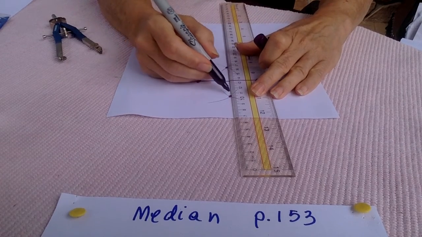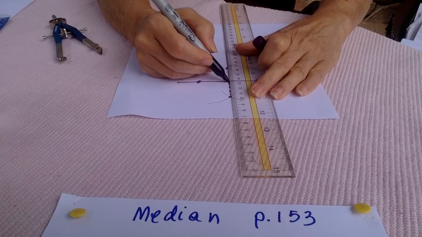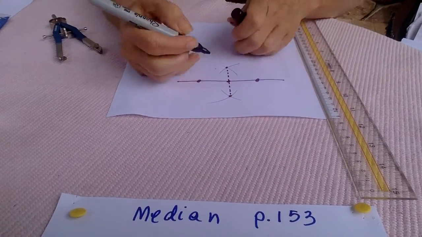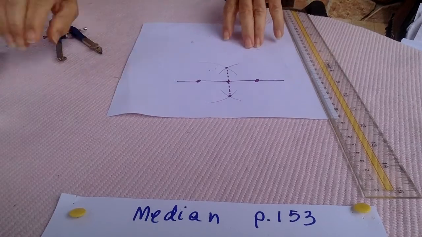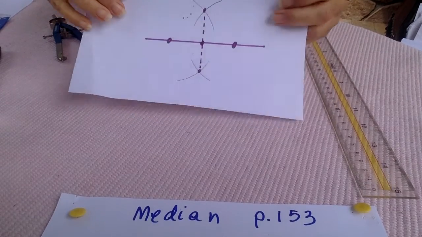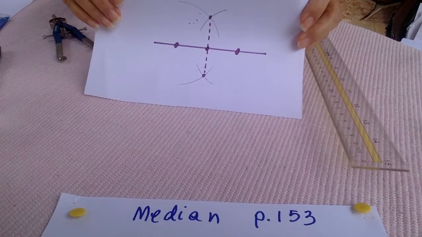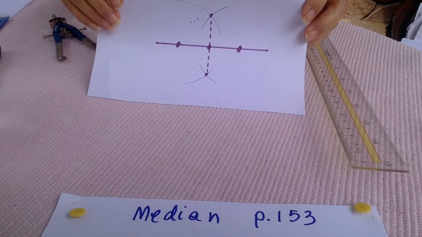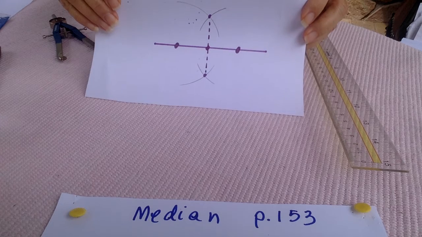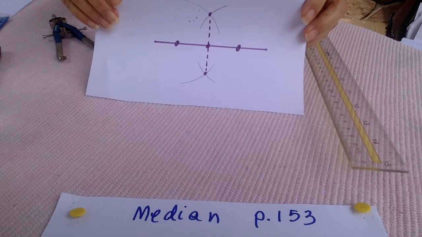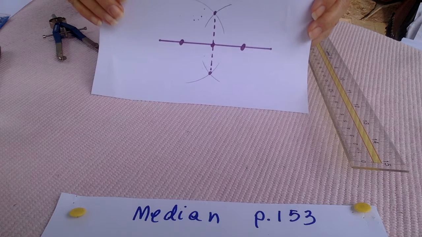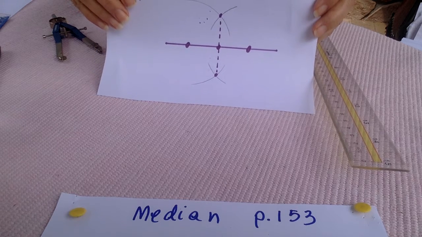This will actually be the midpoint of the line. You can measure it if you want, but that's a very accurate way of finding the midpoint of a line. It's similar to finding the perpendicular bisector. Actually, that's what we did, found the perpendicular bisector, which is a presentation that you should have seen earlier in the course.